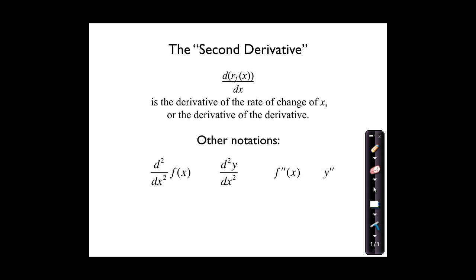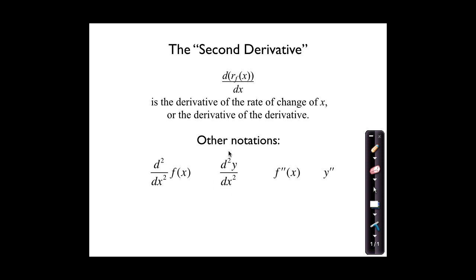If it was just called y in the first place, or y prime was the name of my derivative, I could call a second derivative y double prime, or y prime prime, I suppose you could say. Or if I called my derivative f prime of x, I could call the second derivative, or the rate of change of that derivative, f double prime of x, or f prime prime of x.